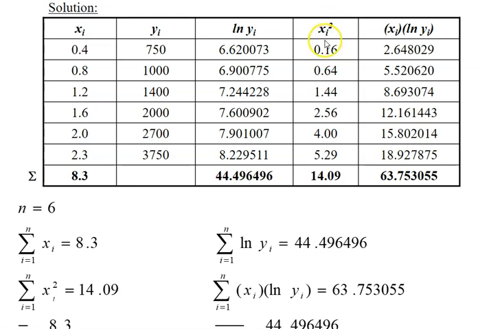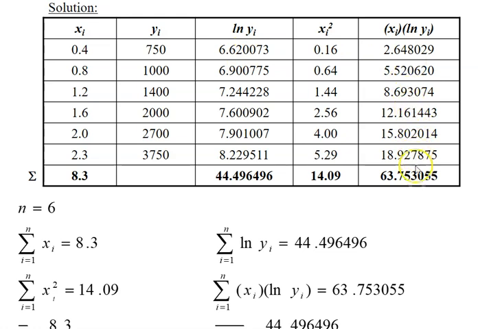So x squared is simply the first one 0.4 squared, this one 0.8 squared, and so on. You also need the summation. Another one is the multiplication of your two axes, meaning xi times ln yi. The first one here is 0.4 times 6.620073, and you get this, and so on.